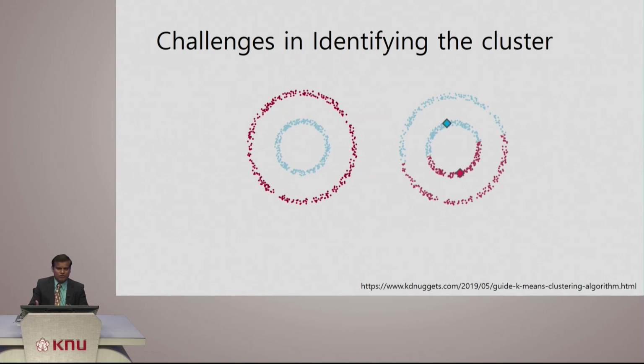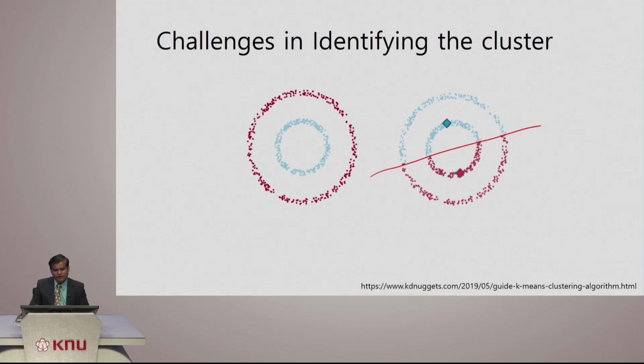In this case, you might think, yes, there are 2 circles, so I go for 2 k's, and you are going to have a centroid, and based on the centroid you assign all the data points that are closer to the centroid to those points. Eventually you can see that you are performing this operation, and the split happens this way.